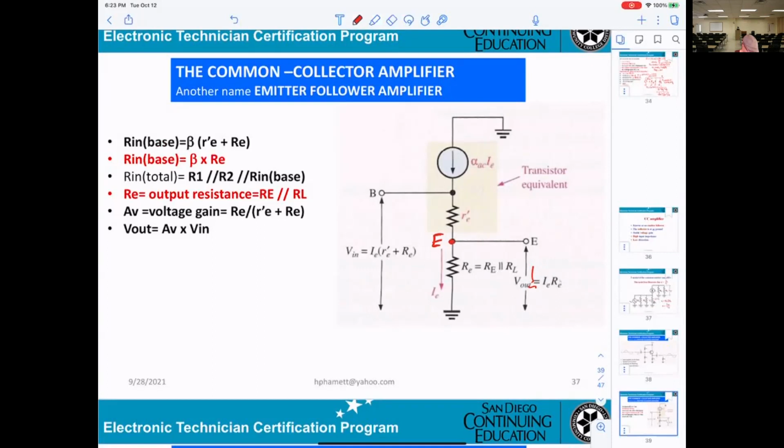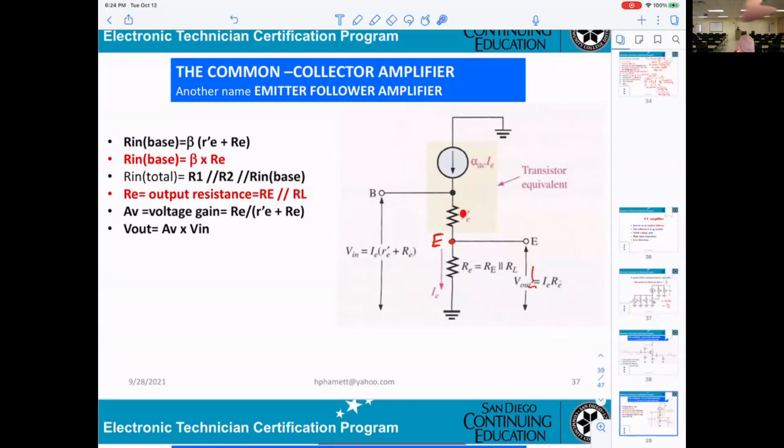Now, if they want to do calculation, first thing is R in base. R in base means looking from the base to the ground. They give you the formula: beta times (R prime E plus R big E).